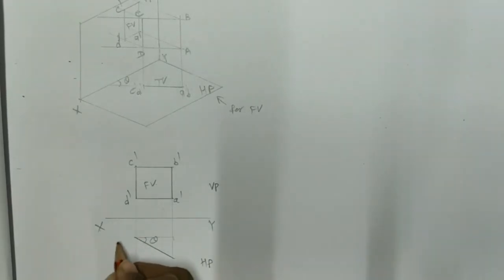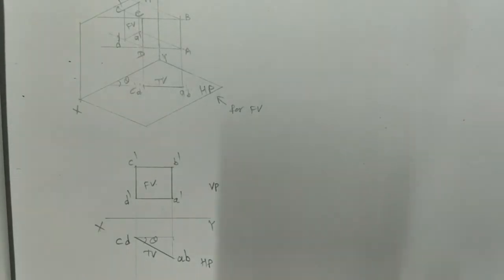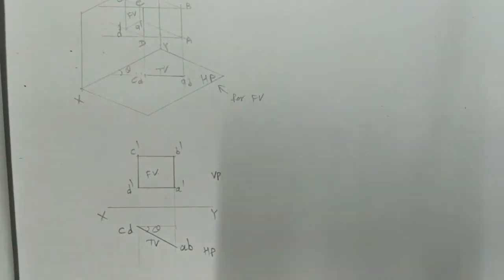Give name to this line as CD and AB. And this is top view. So in this way you can draw front view, top view to any plane which is given. Thank you.